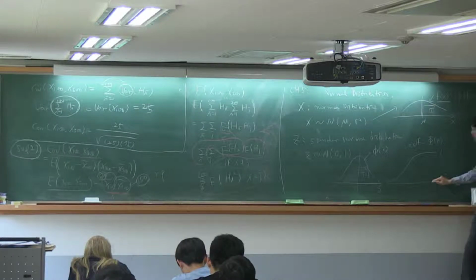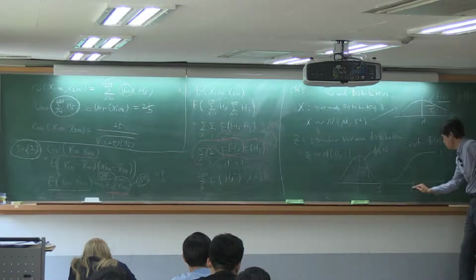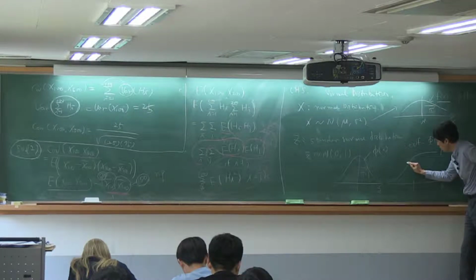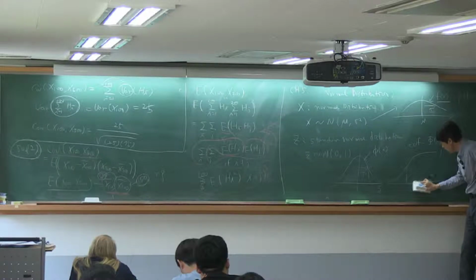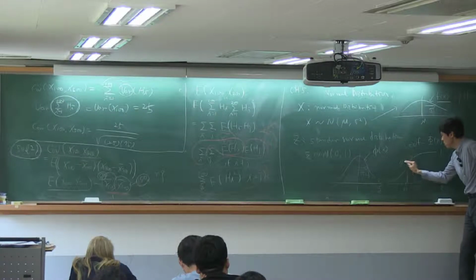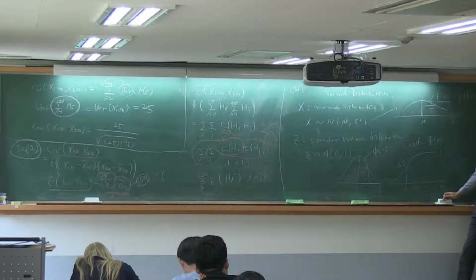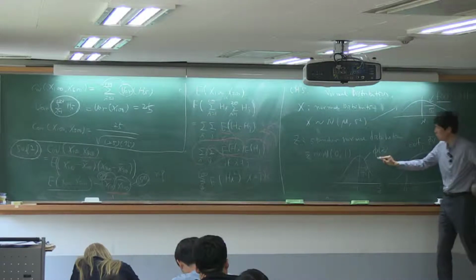So probability is 1 when G is 0. This is the CDF, and this is the PDF.